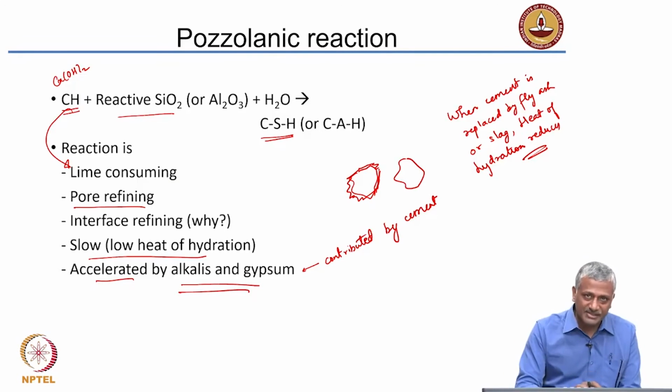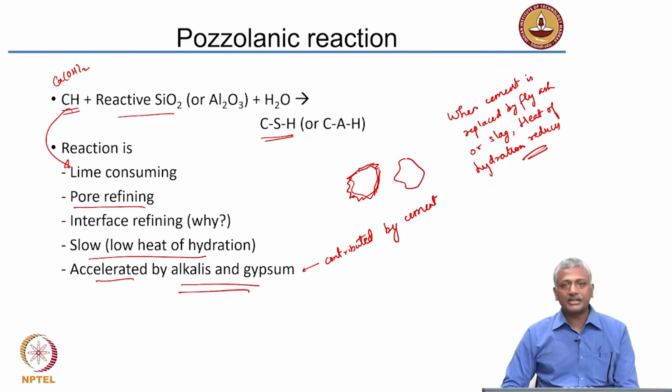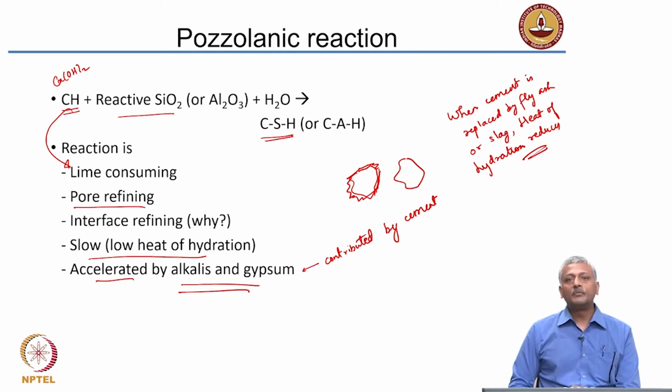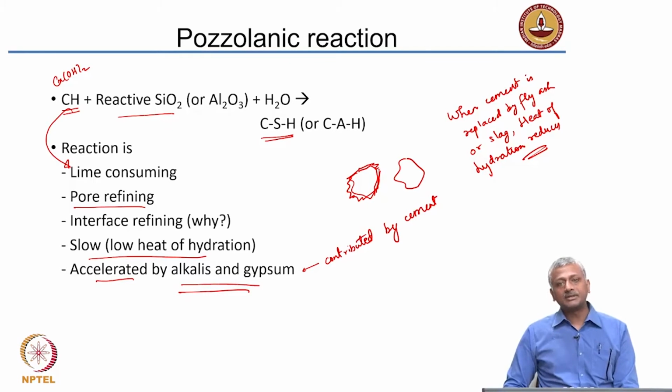So all these components are still present to accelerate the reaction of the pozzolanic material. But nevertheless, the reaction of the pozzolan is much slower as compared to cement, which leads to a much better durability in the long term, at the same time reduces the heat of hydration in the early stages.